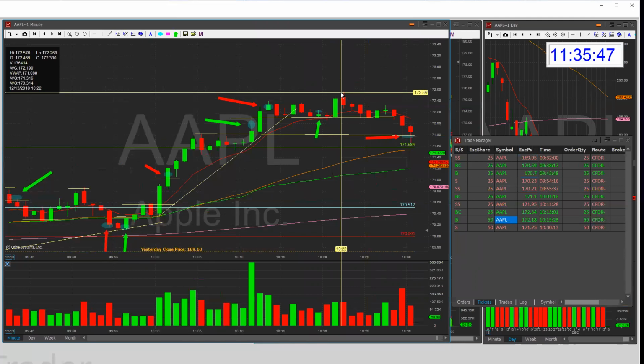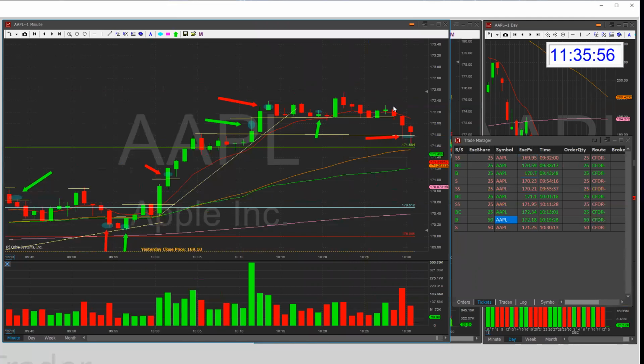It held, dropped a little bit, and then it popped right up and over. I was green here. It hit this 172.57 mark. I didn't pay myself, and then it just tanked. It never came back up. Okay, and then eventually I stopped out. So that's what it is.